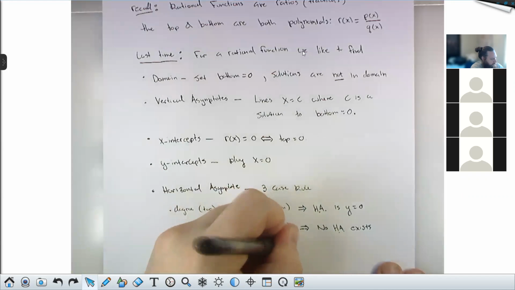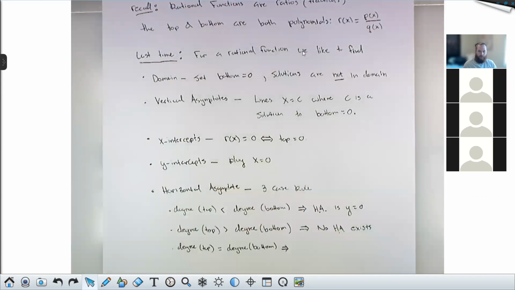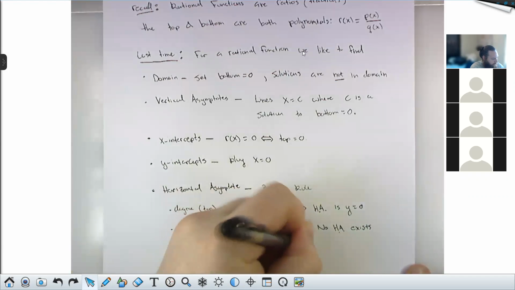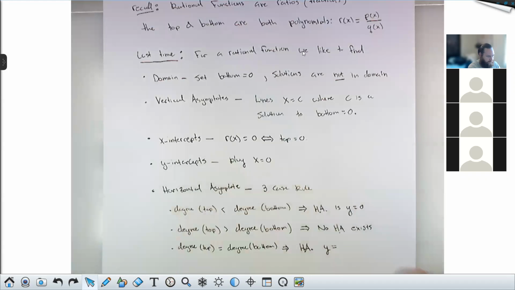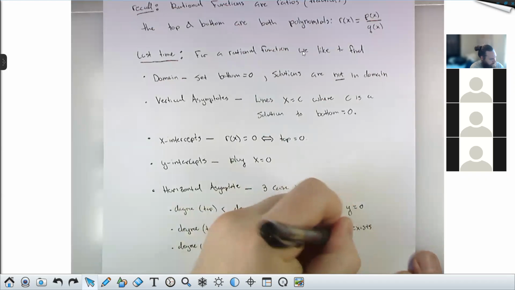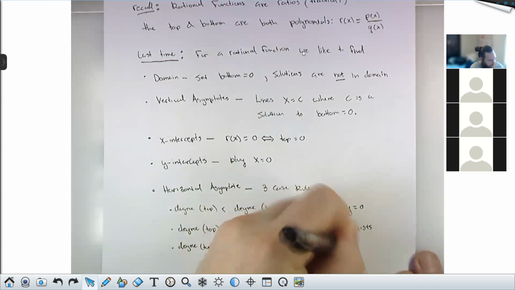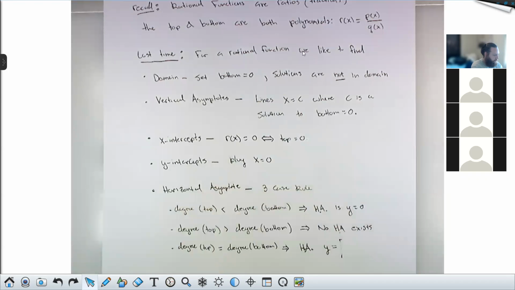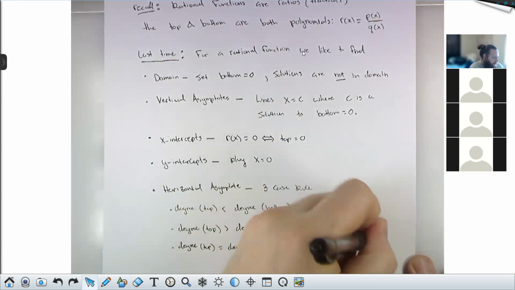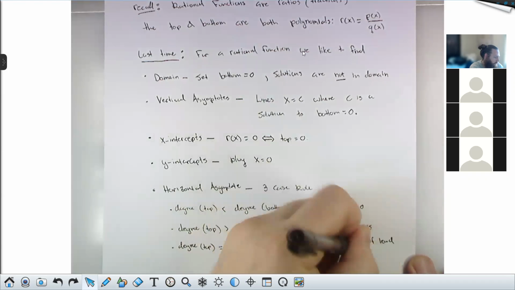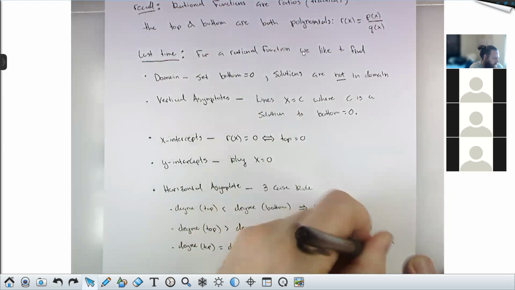In this case, like if the top and bottom are both quadratics, or both linear functions, then your horizontal asymptote, I'm going to write this down in words because there's no clean way to write it in symbols, is the line y equals the ratio of lead coefficients.